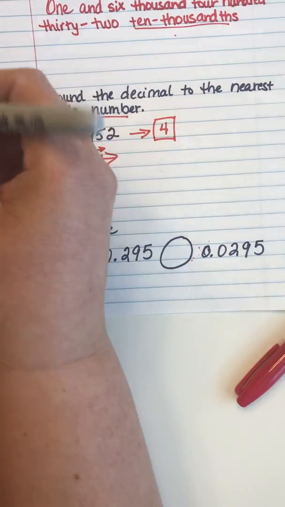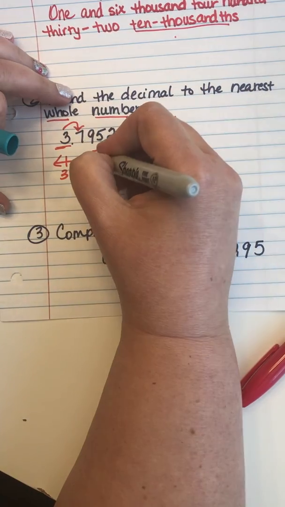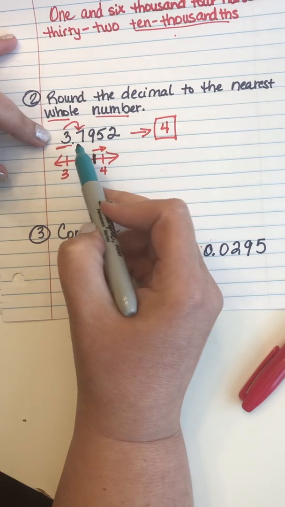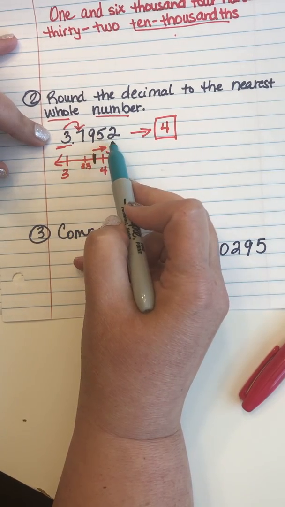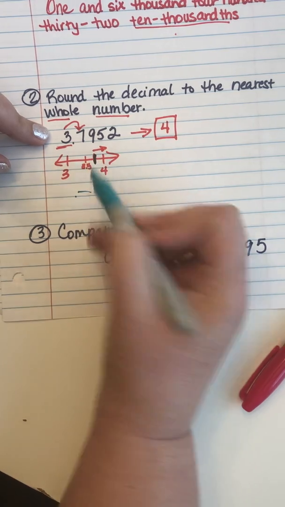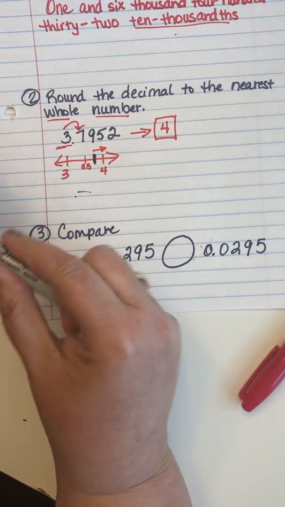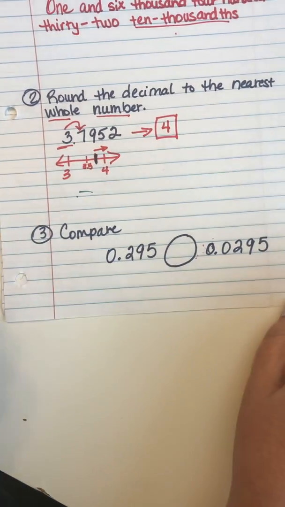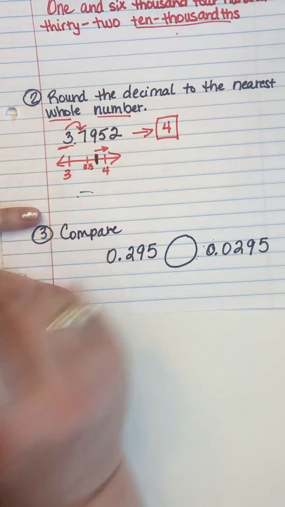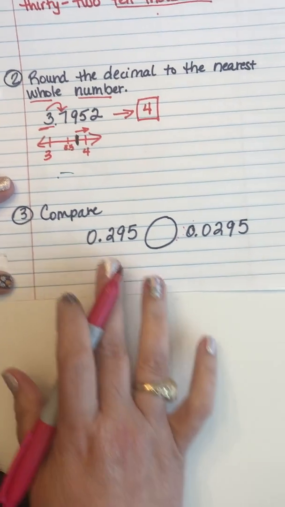Let me do that in a different color so you can see what I did. I would assume that's about right there. 3 and 7,952 10,000ths would be located about right here, which is closer to 4. So that's rounding. You've done a lot of rounding. Now you just are adding more place value to it, okay?